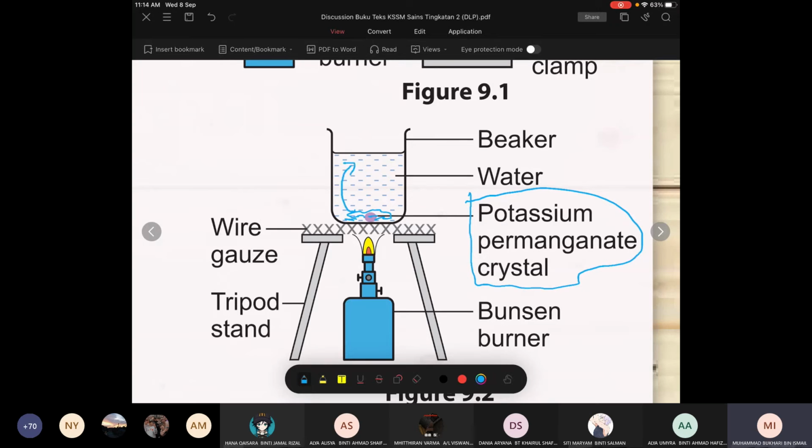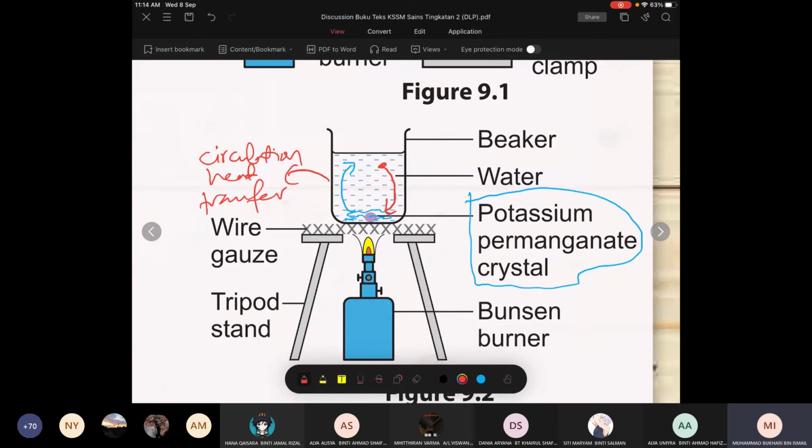But what happens to cool water? The cool water will replace the space where the hot water has risen. That's correct, because hot water will rise, so cool water will go down to fill the space. So finally, we have one circulation of water, a circulation of heat transfer.